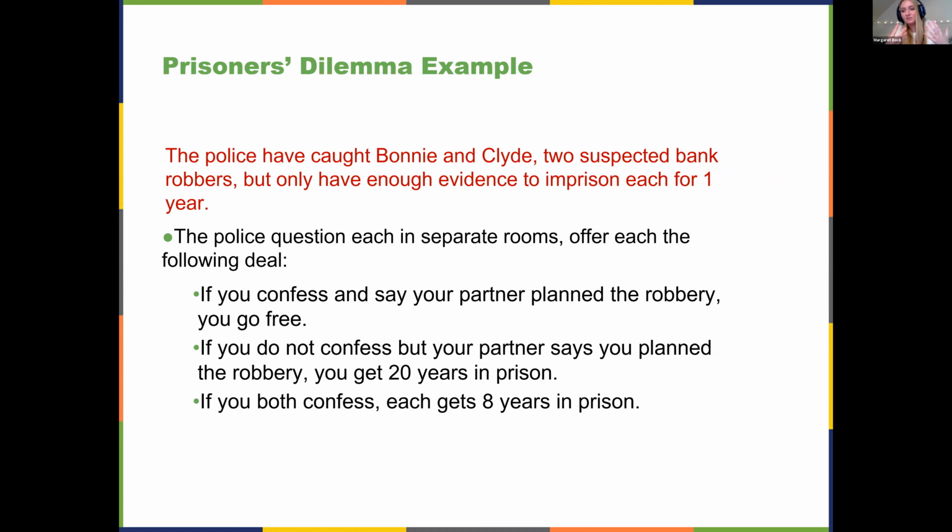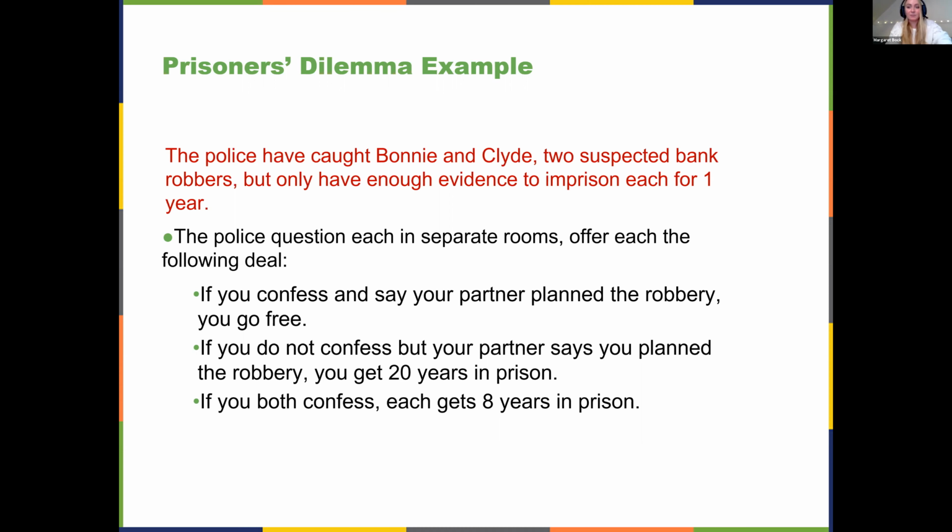To give you a preview, the outcome of this prisoner's dilemma is the exact same outcome as what we saw with the oligopoly firms. It's better for both parties to cooperate with one another, but there is an urge for both of these parties separately to cheat on the agreement, to act self-interested.